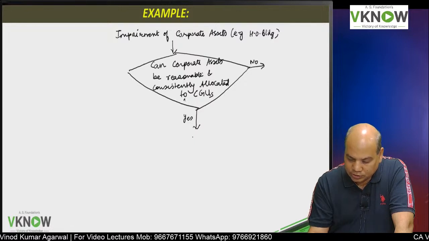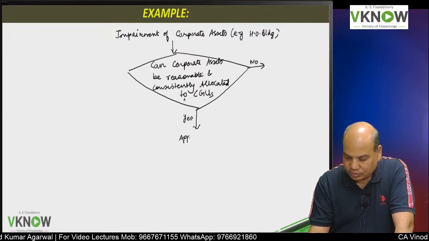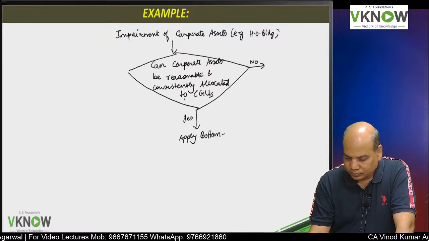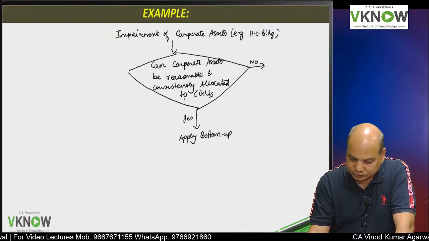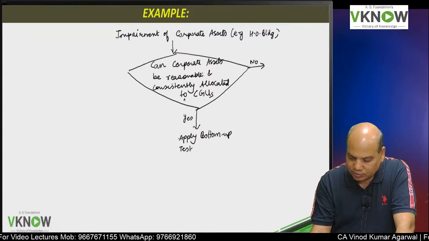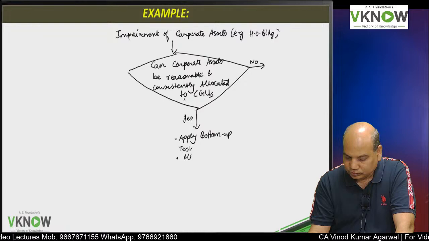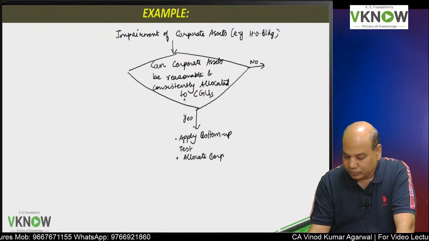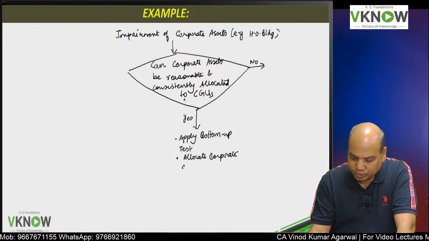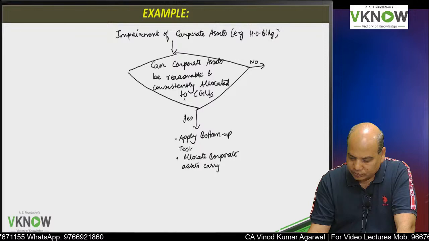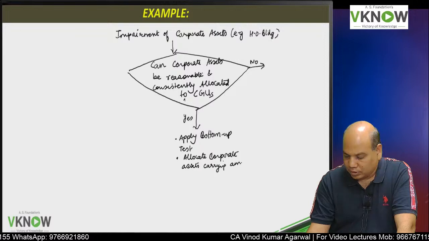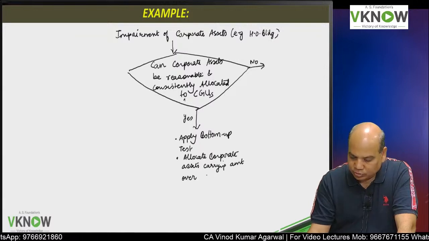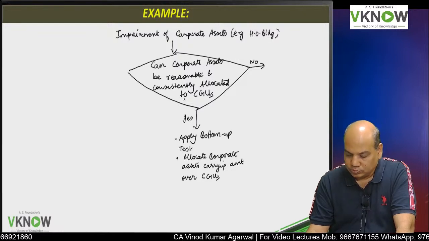If the answer is yes, apply bottom-up test. Allocate corporate asset carrying amount over CGUs.